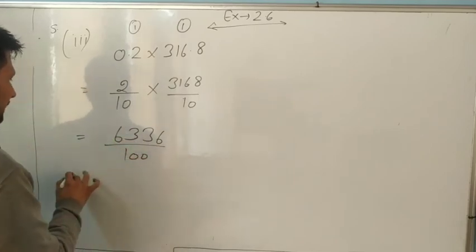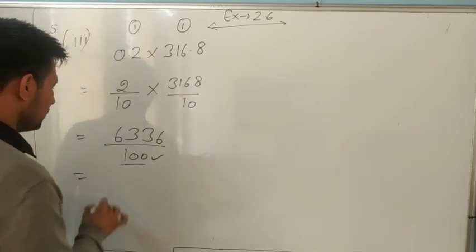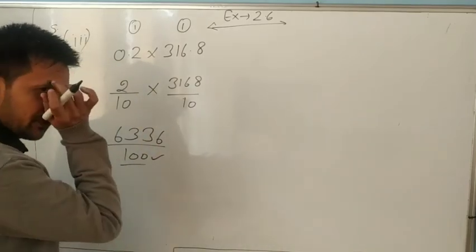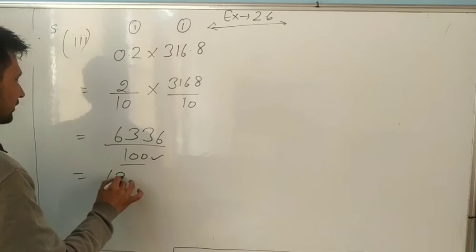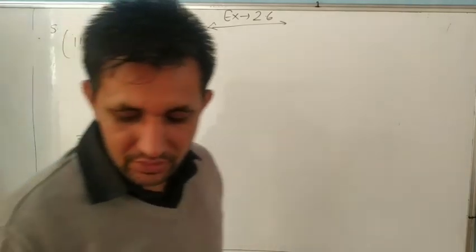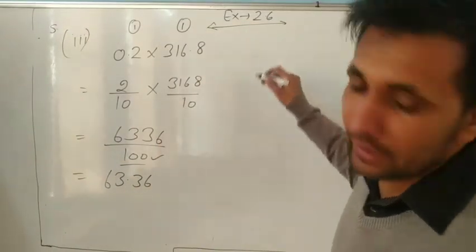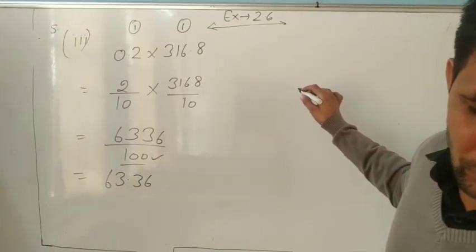And 100. How many zeros in the denominator? 2. So 63.36. It is your answer. Understand it? You can also do it directly. Okay.